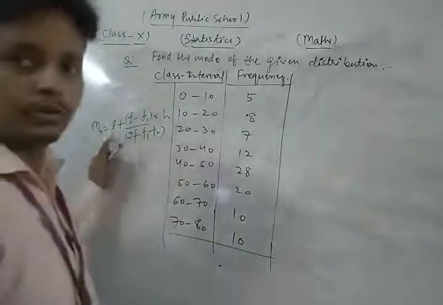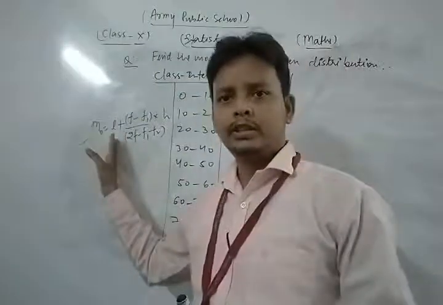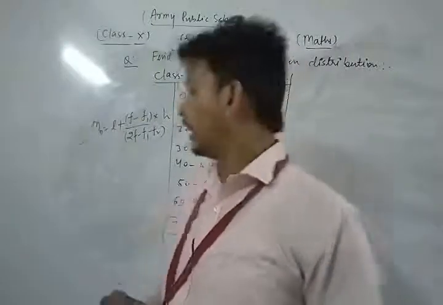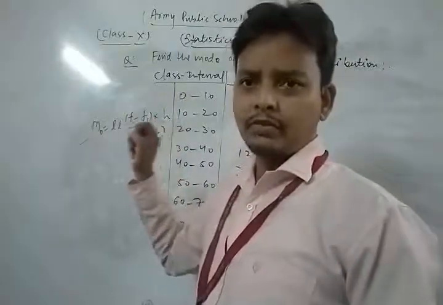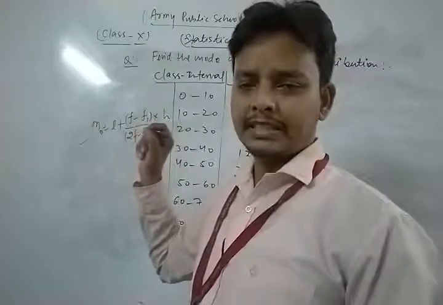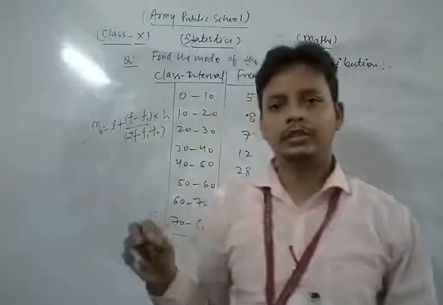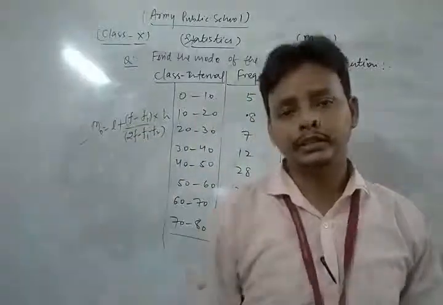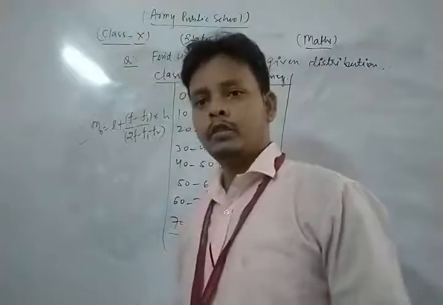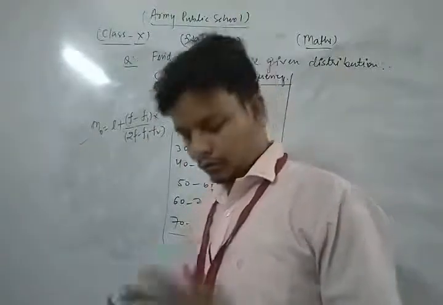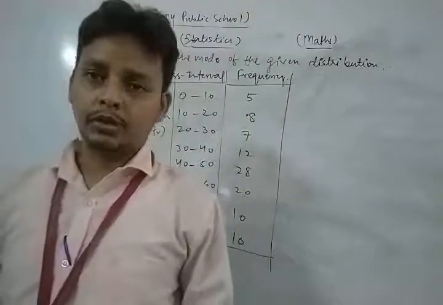So here l is the lower limit of the modal class. f is the frequency of the modal class. f1 is the frequency of the class just preceding the modal class. f2 is the frequency of the class just following the modal class. And h is the class size of the modal class.